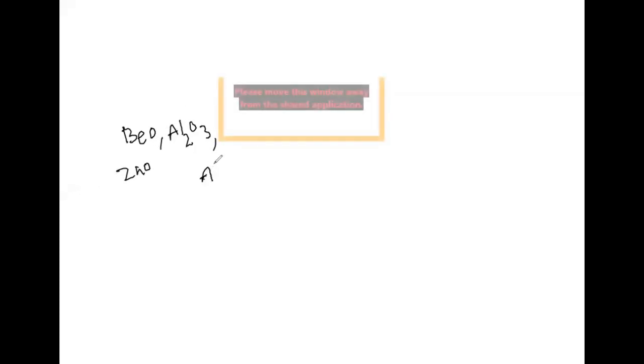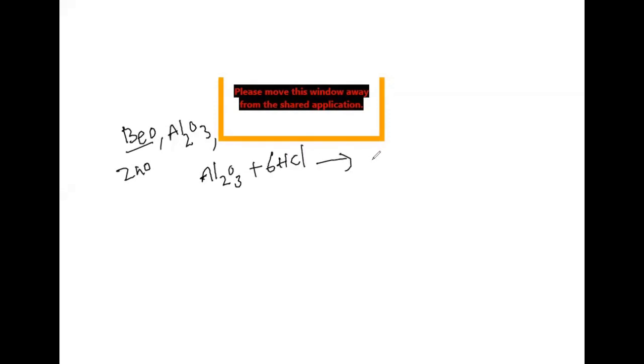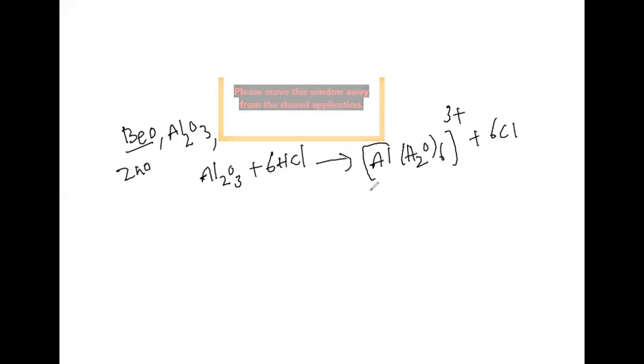Now let us see the reactions of Al2O3, because we already took the beryllium oxide reactions. When Al2O3 reacts with HCl, it gives [Al(H2O)6]3+ plus 6Cl minus.